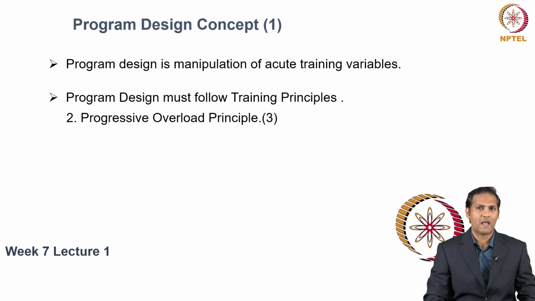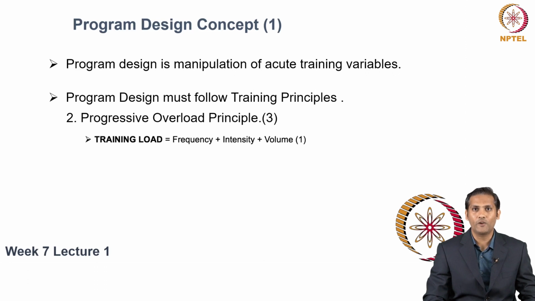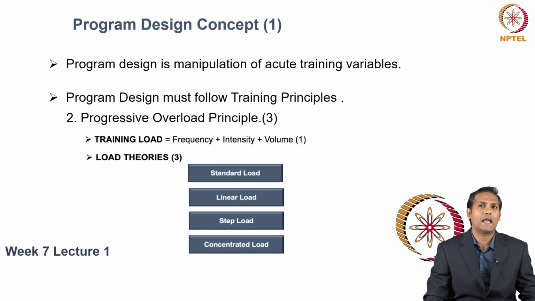The second concept is application of progressive overload, which can be applied following the concept of training load, which is frequency, intensity and volume. And this can be applied using different load theories. Now recollect the load principles and load concept in Week 3, where based on your capacity and intensity, you choose a standard load, a linear load, a step load or a concentrated load.